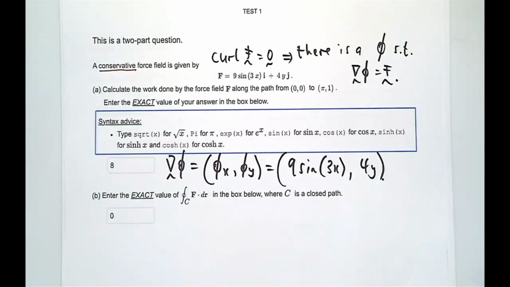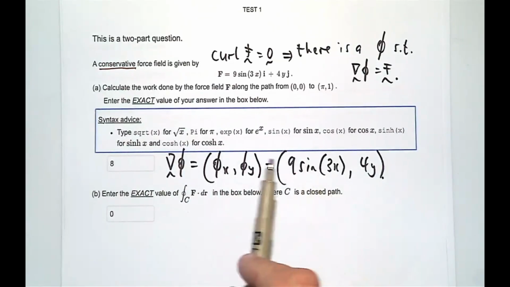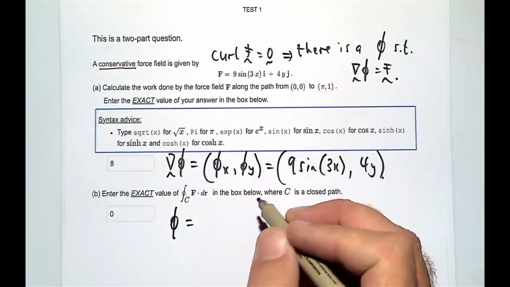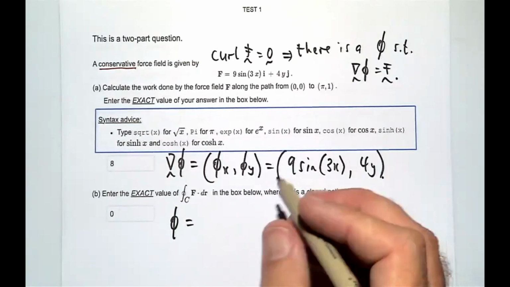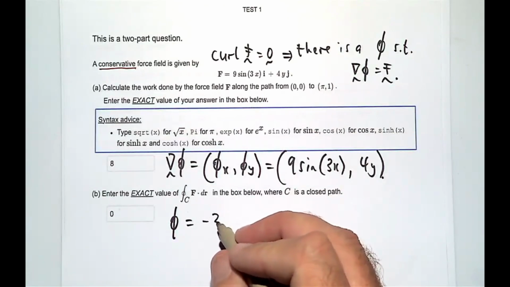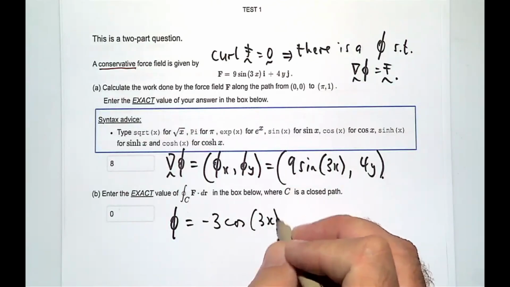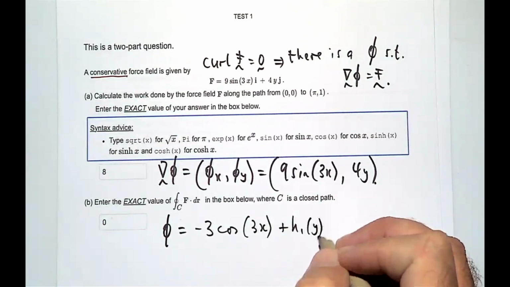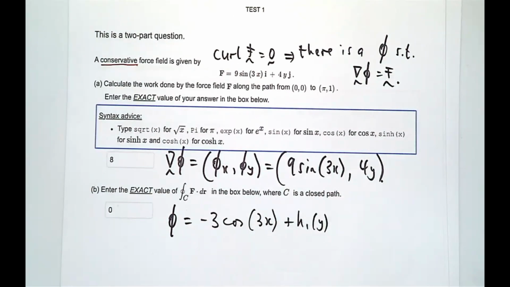Now when we integrate we have to be careful because the constant of integration is a bit strange in these situations. Okay? So what can we do? Let's try. So we integrate this with respect to x. So sine's going to become negative cos. And then I'm going to have a so-called constant function of integration, but actually it's a function involving the other variable y. Okay?